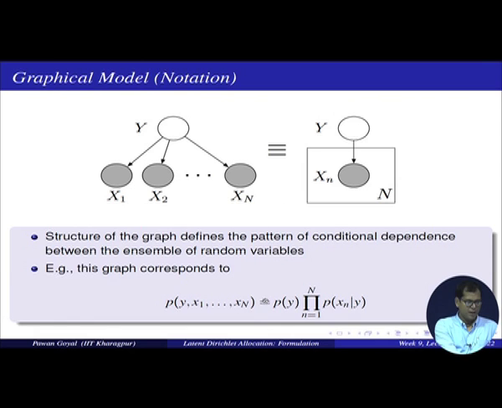The probability would be the probability of y, and each of these depends only on y. So the probability of this whole structure is probability of y times probability of x1 given y, x2 given y, up to xn given y. So the structure of my graph also defines the conditional dependence between various variables, and I can use that to write my joint probability distribution. So this is my joint probability distribution over all these variables.